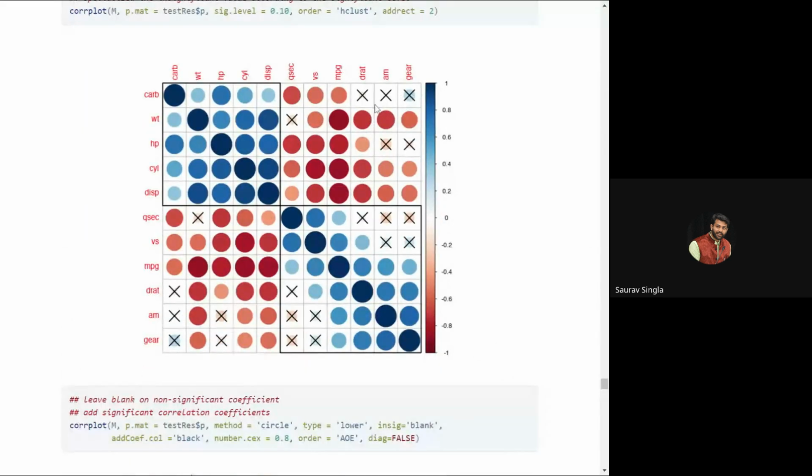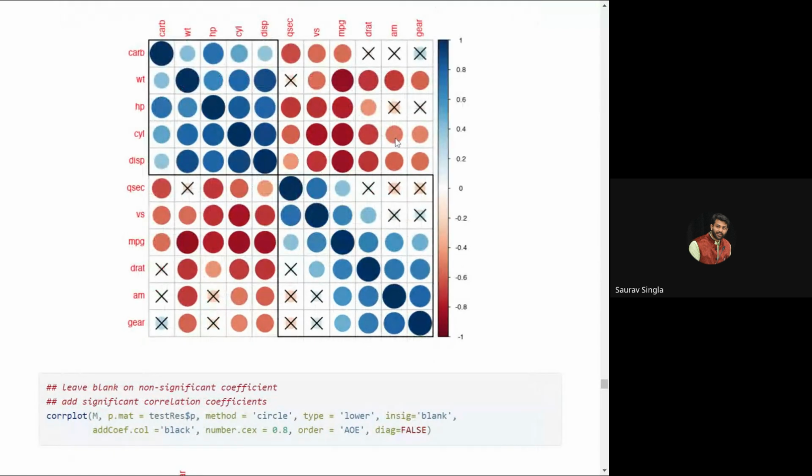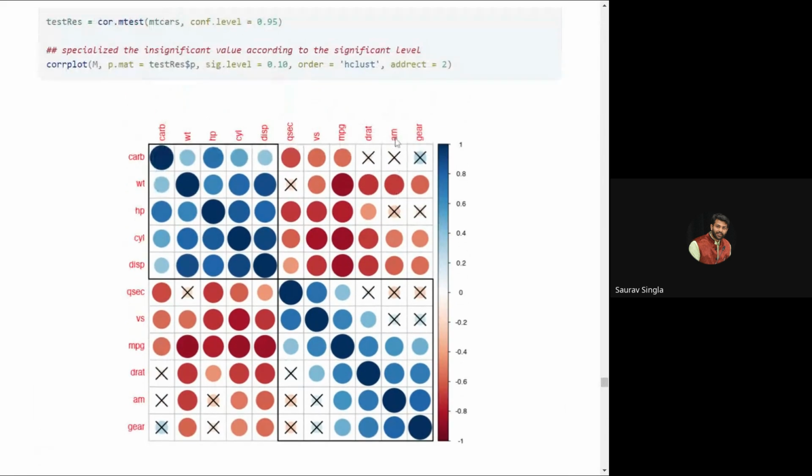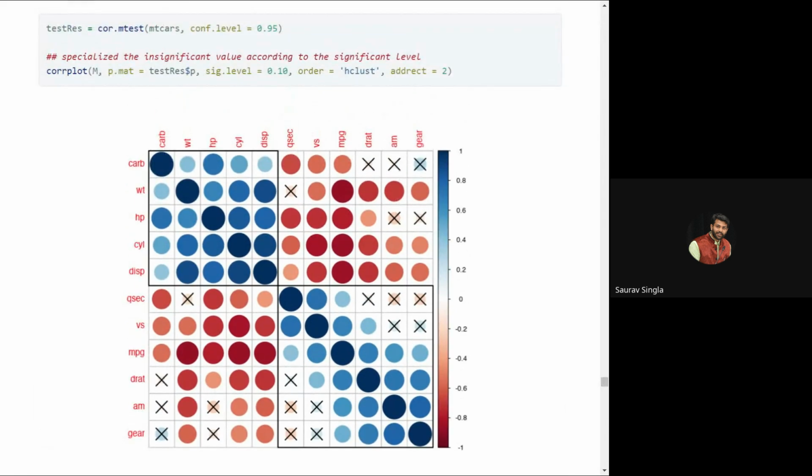In this graph, there is a command, cor.mtest. This will calculate whether the correlation is significant or not.